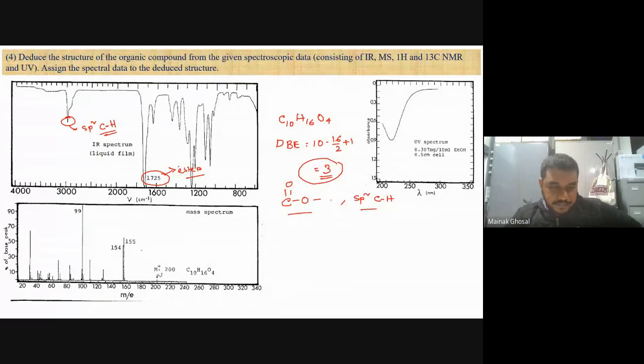Now you see here the mass spectrum. You have M by Z at 200, the molecular ion peak, right? You have another peak at 155, which is a loss of how much? 45. From there you see a main peak at 99. I am interested in the high intensity peak, which is at 99, a loss of 56 more.